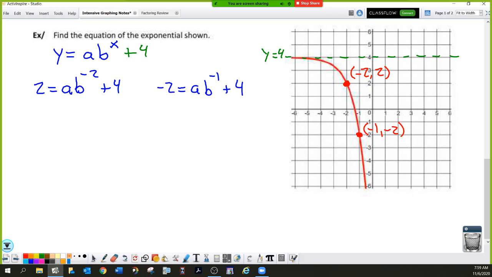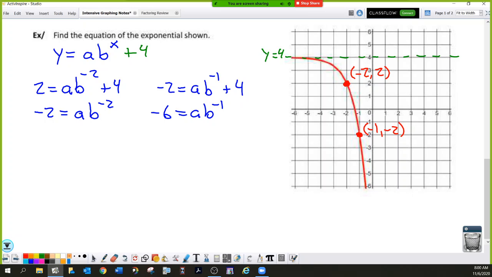On the left one, subtracting 4 from both sides gets us negative 2 equals ab to the negative 2. On the right side, subtracting 4 from both sides gets me negative 6 equals ab to the negative 1. I'm trying to use a system of equations, but I don't want to have to substitute in for a or for b.